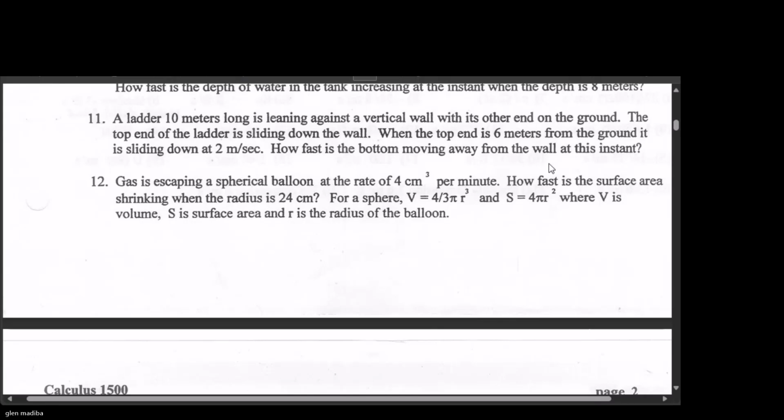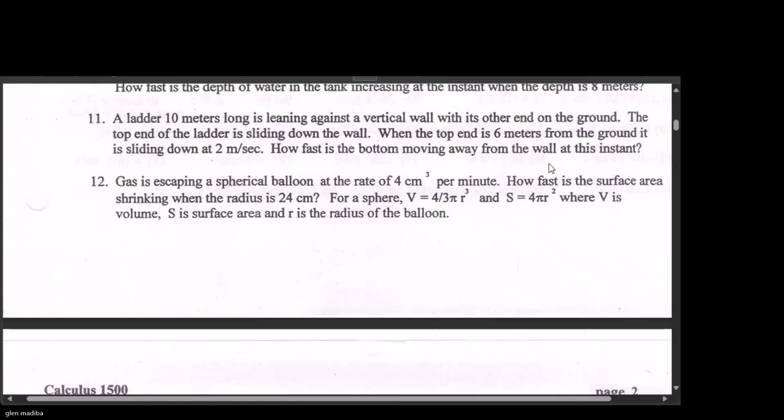And then we simplify that formula and we're left with minus 1 over pi equal to r squared times dr over dt. To get the dr over dt alone, we divide by r squared on both sides, and then we have dr over dt is equal to minus 1 over pi r squared.